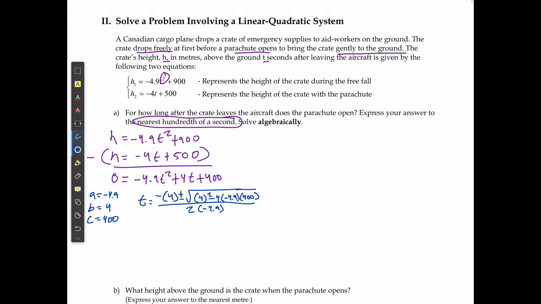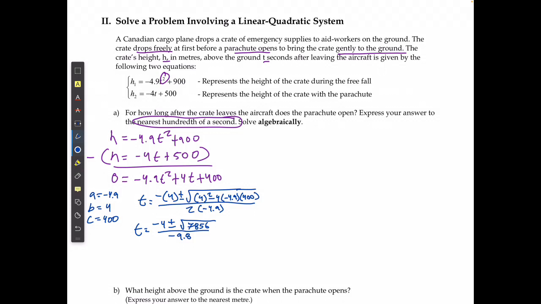I'm going to simplify this and say that negative 4 plus or minus the square root of 7,856 is all divided by negative 9.8.